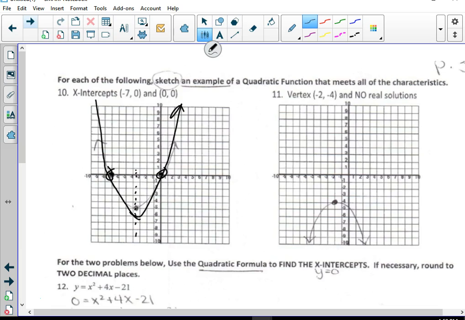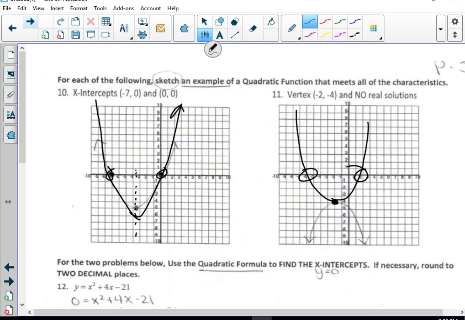Now, a vertex at -2, -4. That's right here. How did I know for that one not to go up? Think about that. No real solutions. If I was going up, look what would happen. I would have 2 real solutions. So by saying no real solutions, that means it must be running away from the x-axis.